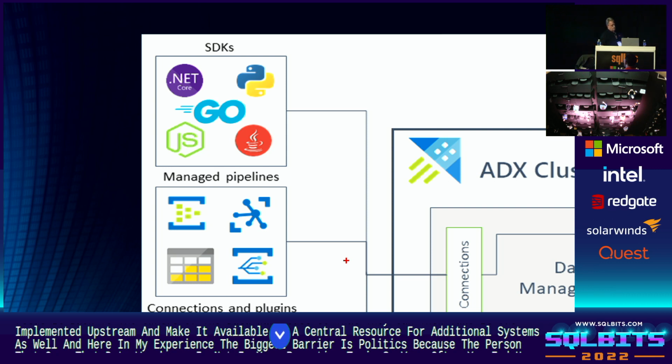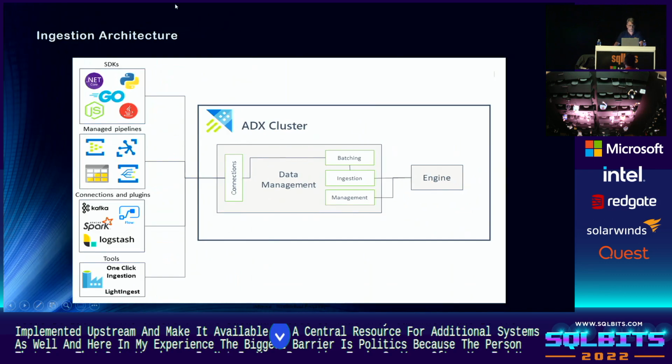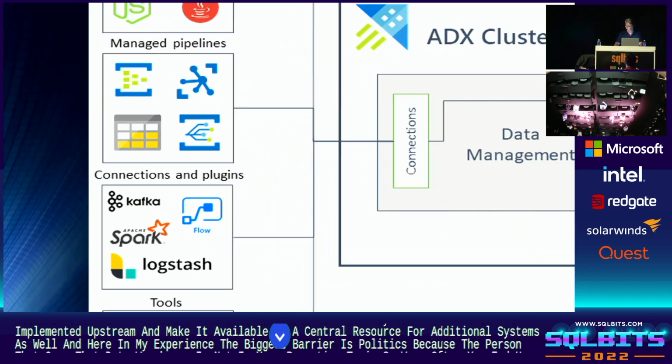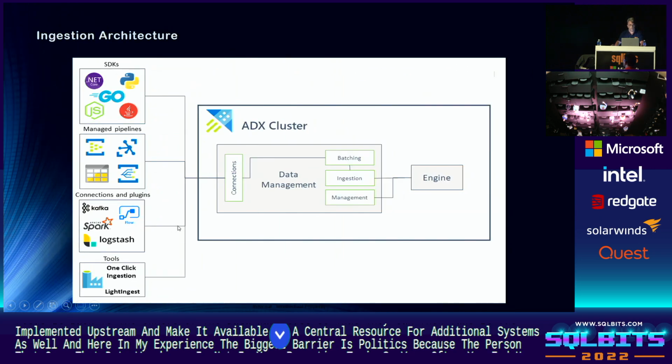We can do ingestion from connectors, so for example, I can connect from Kafka, one of my favorites, Logstash, etc. And then we have some tools that allow us to do ingestion, like what they call the one-click thing. One-click is very cool. It looks at your source data and can create the schema in the database for you. So if you look at that.